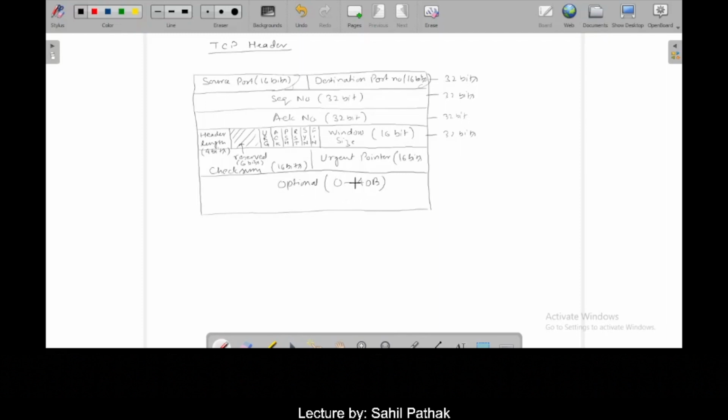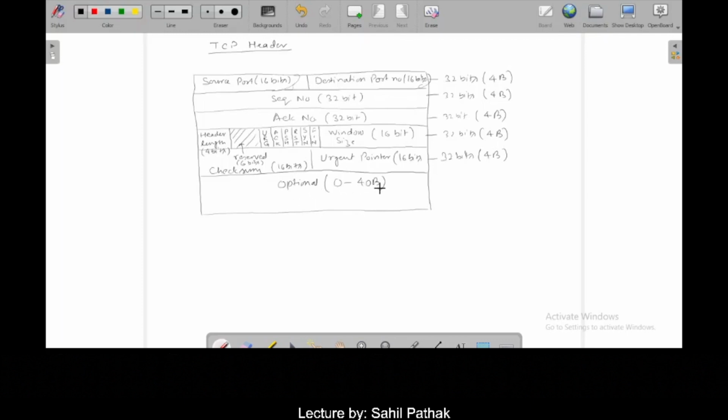So again, just to remind you, the first 5 rows are of 32 bits each, or in other words 4 bytes each. But we have the optional field already in bytes given, which is 0 to 40.